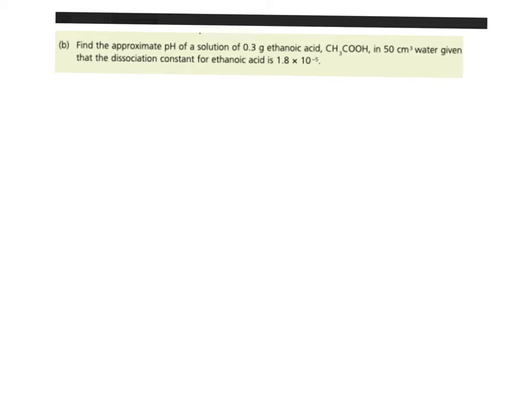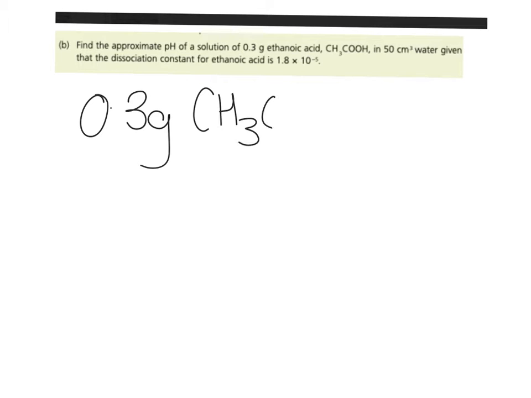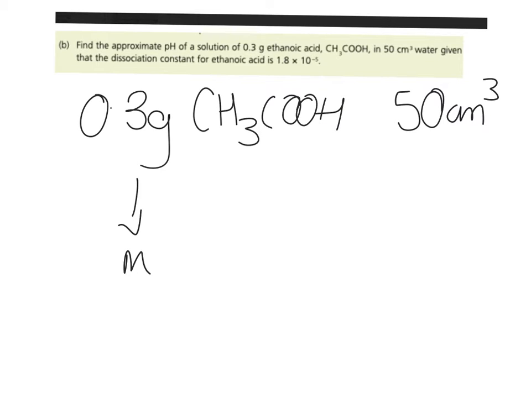So I'm starting off with 0.3 grams of our ethanoic acid, CH3COOH. That's in 50 centimetres cubed of water, and we need to get that to moles per litre. So I'm just going to start by going from grams to moles. Now, rough work.